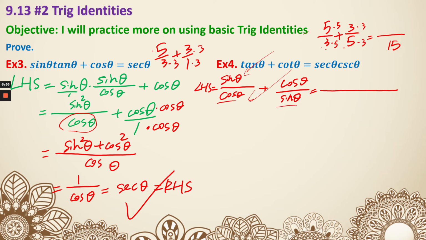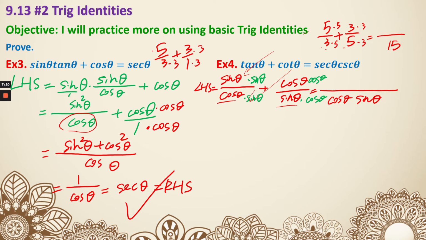We multiply the bottom to have the common denominator, which is cosine theta sine theta. But because that's the common denominator, in order to get there, I need to multiply this one by sine theta on the top and the bottom. And I need to multiply cosine theta on the second one, on the top and on the bottom.